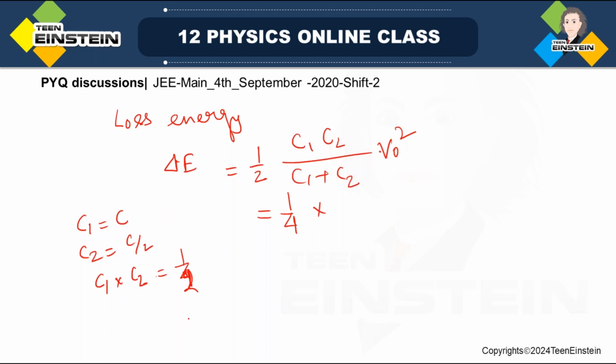And C1 plus C2 is actually 3 by 2. So let us write this 3 by 2. So 2 will go, this 3. Okay, I don't know, somehow I think C1 C2 by C1 plus C2 V square. Okay, let me check once again.